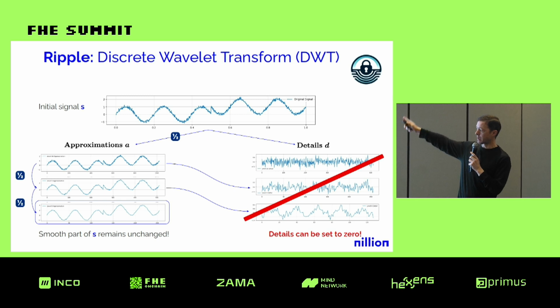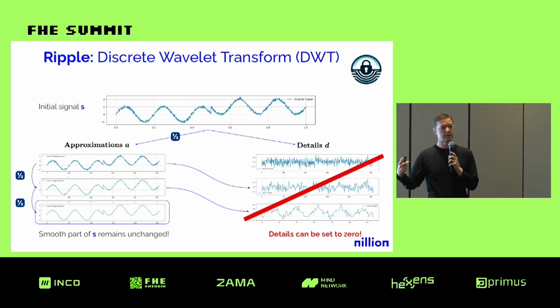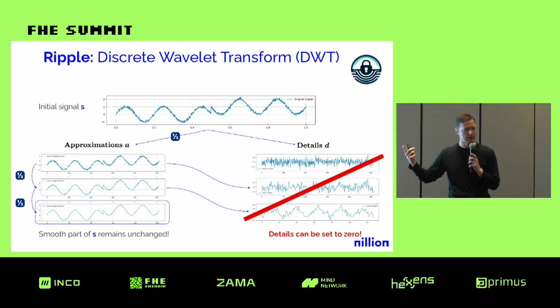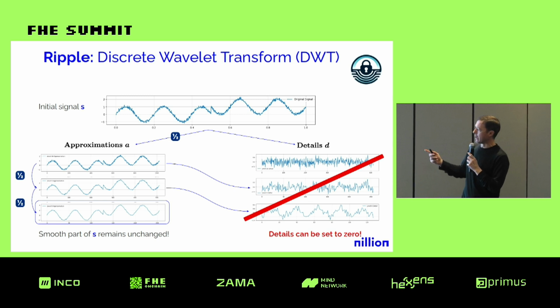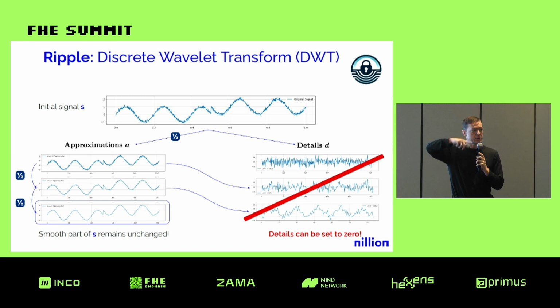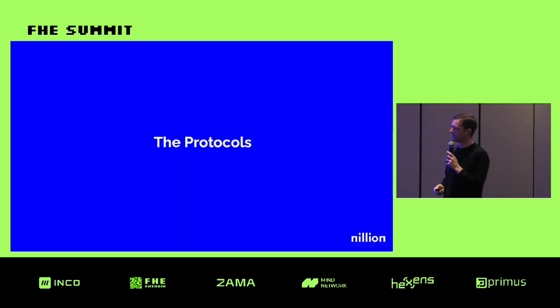So in this case, we run it 3 times, which means that our lookup table has been compressed by a factor of 8. If you run it 4 times, a factor of 16, and so on. And because the function is smooth, the accuracy that you lose is very, very small, because you are capturing the smooth component in the approximation coefficients, and the details are just 0 anyway.